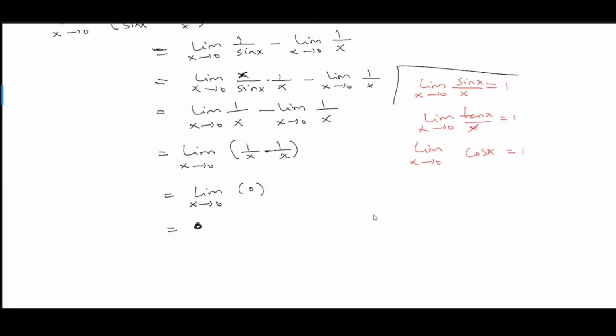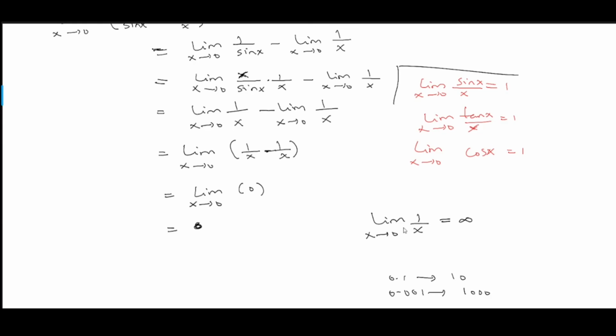But the limit for just x tends to 0, 1 by x is infinity. It does not exist, because we can substitute values for this. However small you go, like 0.1, 1 by x is going to be 10. 0.001, I'm going to have 1000.